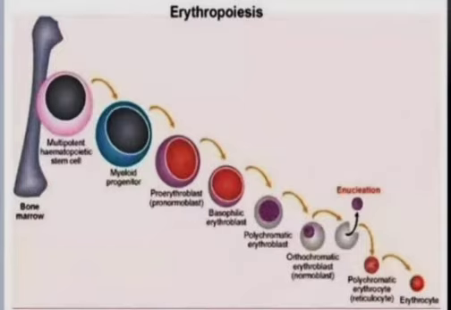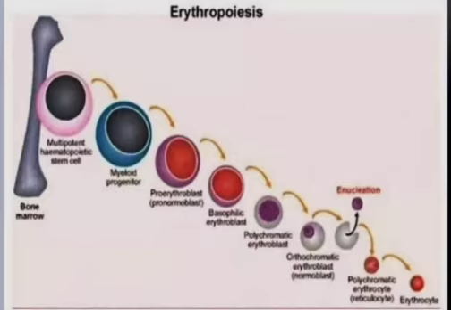Okay? Now to summarize this, if you look at this slide, you would notice that as the red blood cell grows to maturity, there is a significant reduction in their sizes.